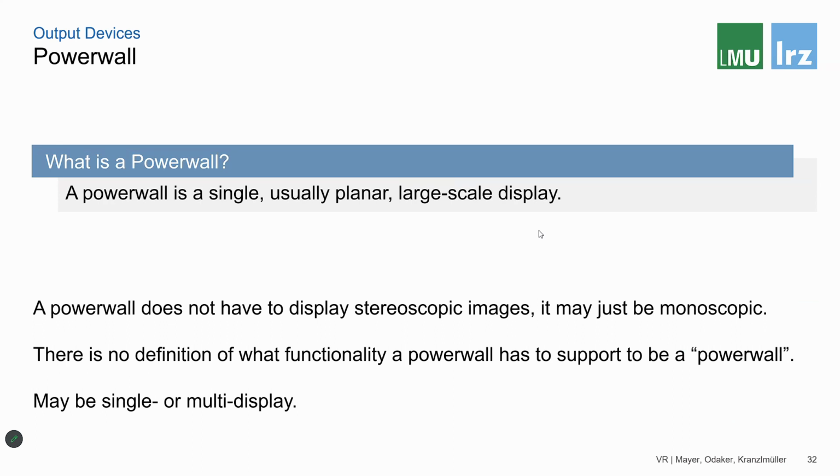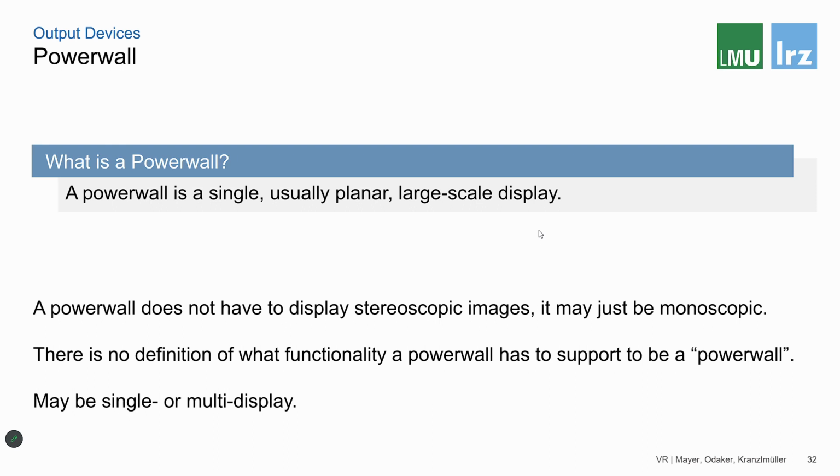First of all, power walls. What is a power wall? A power wall is usually a term that means a single large-scale display that is usually just a flat surface. So it's a very large-scale display. A Powerwall does not necessarily need to be a stereo device, so it can be a mono device as well.